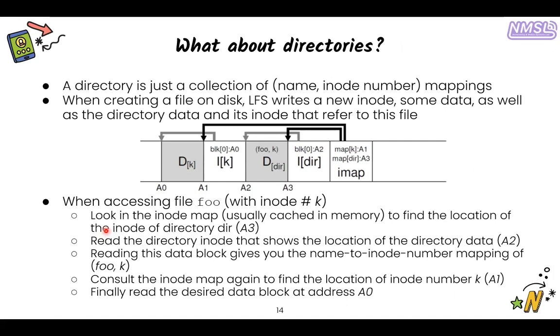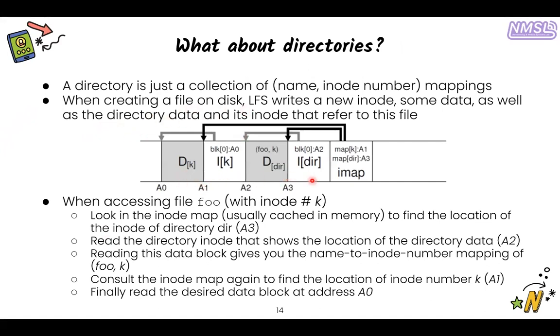But we also have directories, so we need to talk about that. If you think about it, a directory is just a collection of name and inode number mappings. When we're creating a file on disk, for the directory, LFS also writes a new inode and some data that corresponds to the directory data.